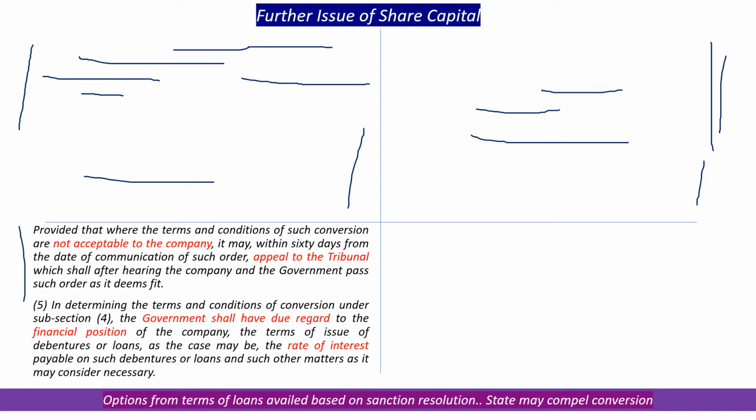And when such things are done by the government, once again, any decision which affects your right, you have a remedy, and you can always approach the tribunal against the decision of the government, and await their decision after hearing the company and the government.